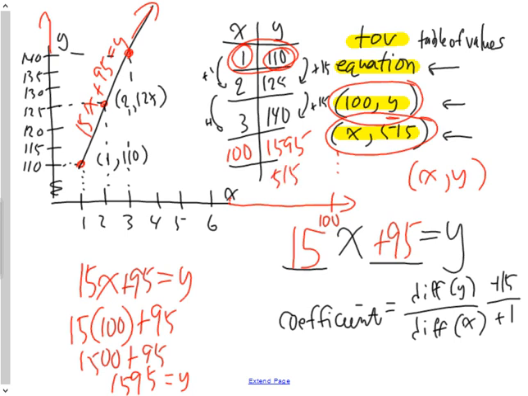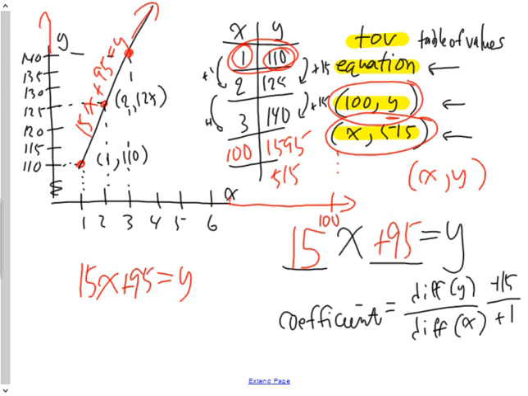The second ordered pair here, this time I don't know my x, but I know that my y value is 515. So again, I take my equation, and this time I'm going to substitute the y value that I know into the equation. I'm going to put 515 here. And when I examine the equation I have now, I really have a grade 7 two-step algebraic equation in which I can subtract 95 from both sides to get 15x equals 420.